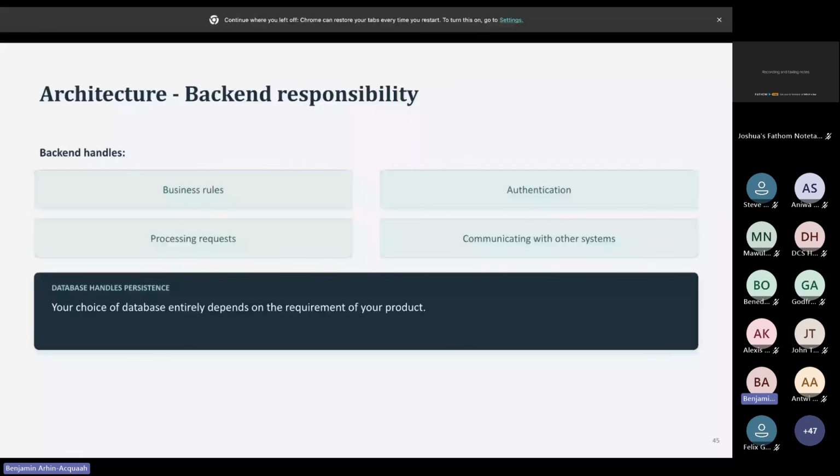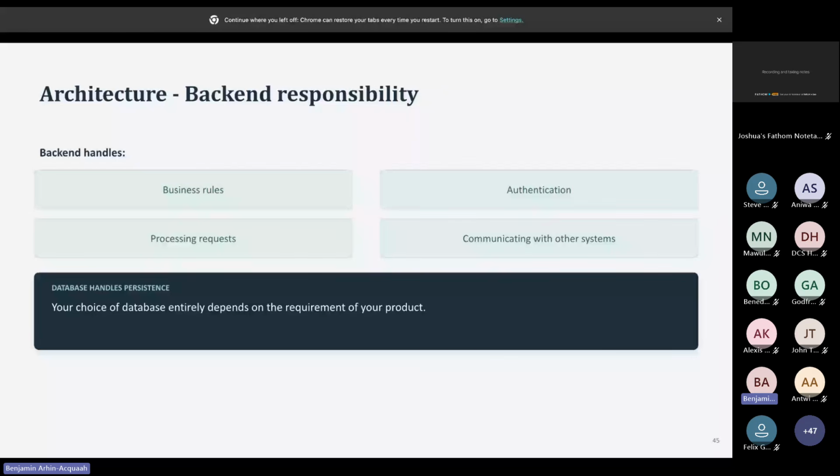So your choice of database entirely depends on the requirements of your product. Essentially, with databases, we have two main ones: the relational and non-relational.